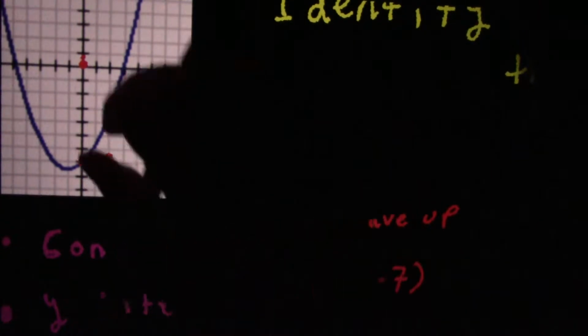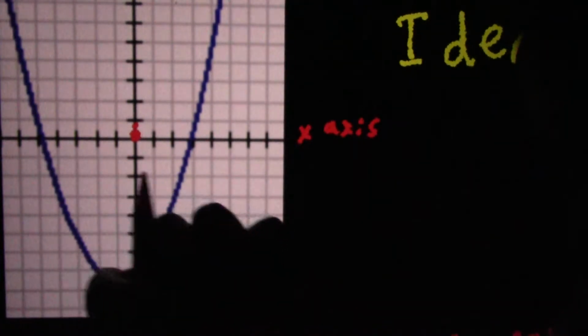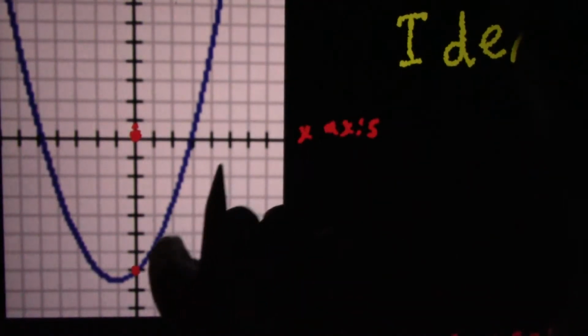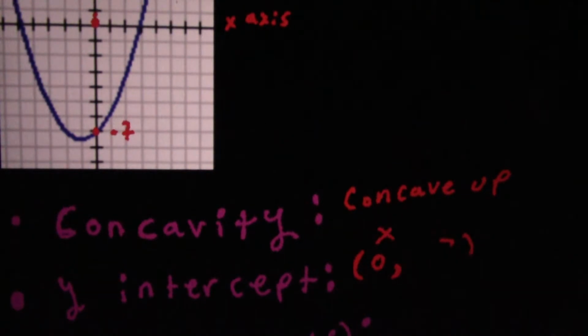Another way to think about this is where the parabola cuts the y-axis. That's our y-intercept. 0, -7. Our x value is 0. Our y value is -7.